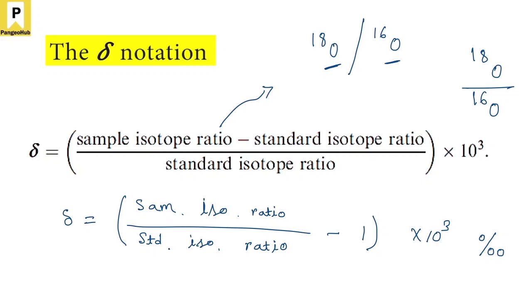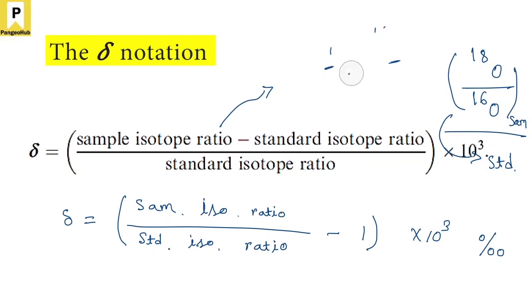If delta is positive, then we can say the sample is richer in the heavy isotope than the standard, right? For example, you are dividing this by this, the same thing of the standard.